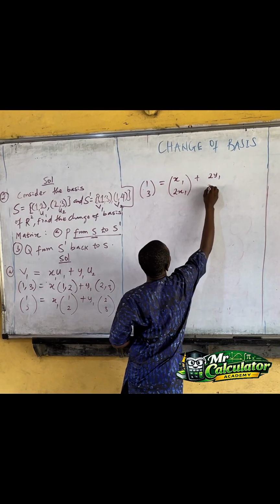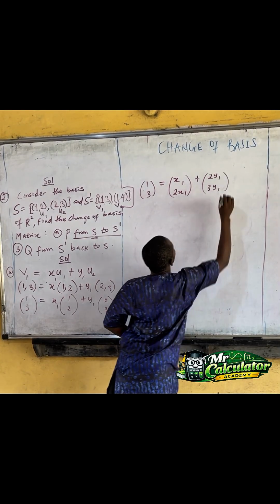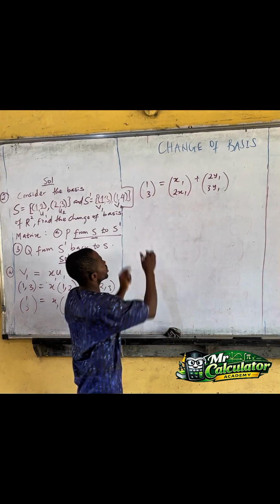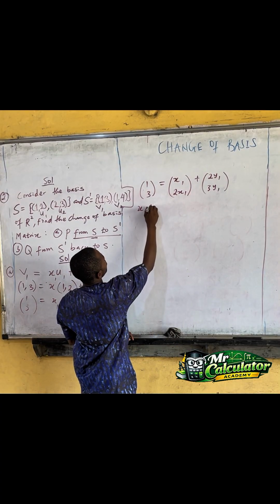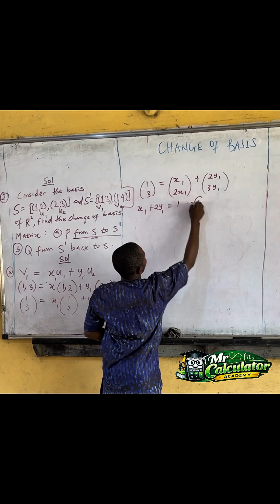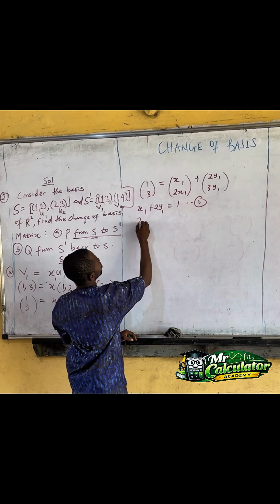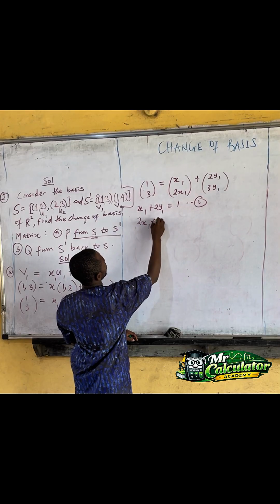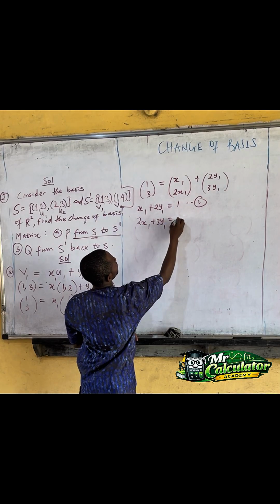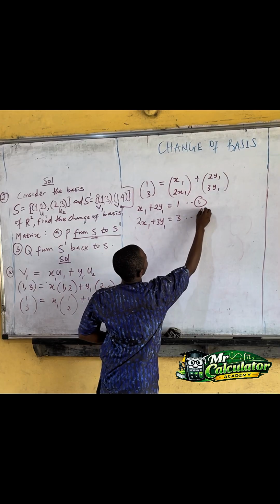Y1 times 3, 3Y1, I close it. Now from here, this plus this will give us this. It will now give us X1 plus 2Y1 equal to 1, equation 1. And what? 2X1 plus 3Y1 equal to what? 3, equation 2.